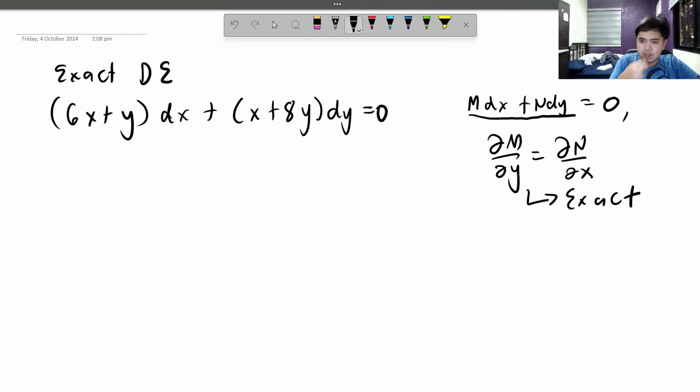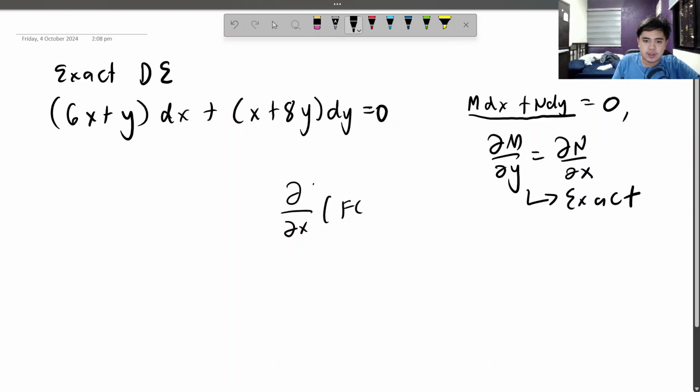Now, let us recap what a partial derivative is. The partial derivative is the derivative of a function focusing on only one of its variables, because f of x and y is a multivariable function. We will focus on x while treating y as a constant.